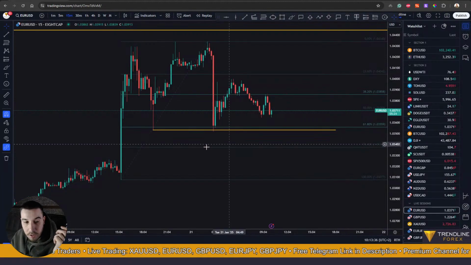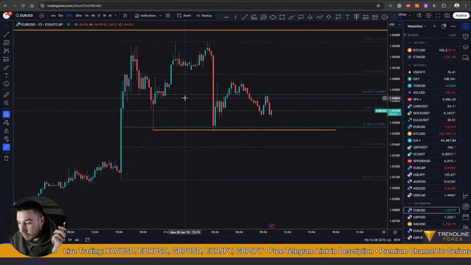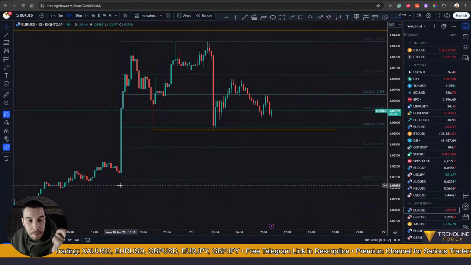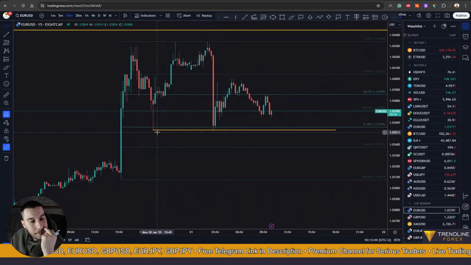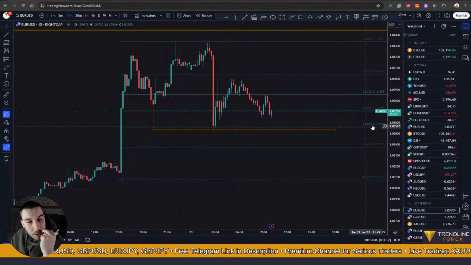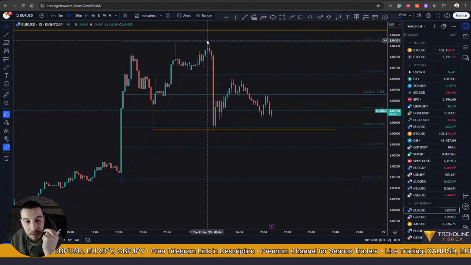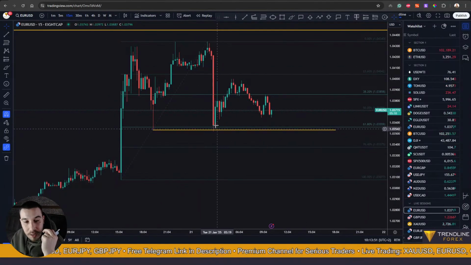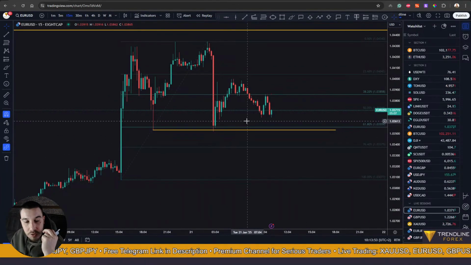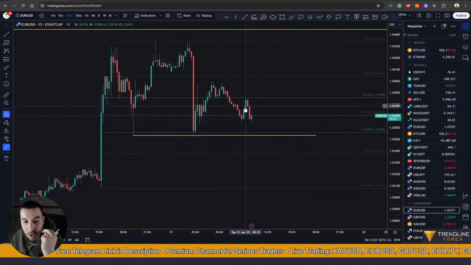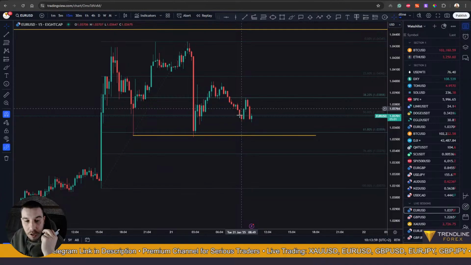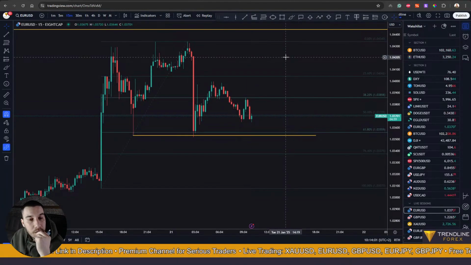Now the other thing is, if we're looking at the 15-minute time frame here, I just placed the Fibonacci just to see where those key levels are, and we've technically tested the 61.8 already. So something else that could potentially happen is we can just form a higher low now and continue higher.